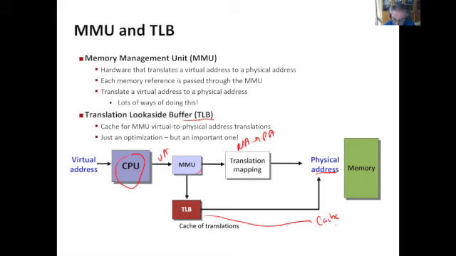Well, it caches information that helps us do this translation from VA to PA. This is not exact, I will clarify this, but basically once we access a VA to PA mapping, we put a copy into the cache such that the translation becomes much faster, and this is actually on the same chip.